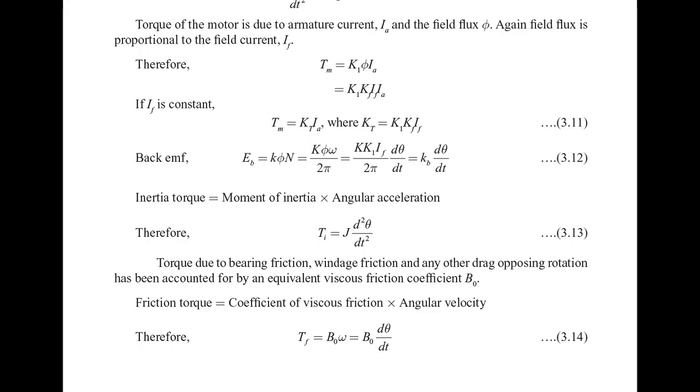As our shaft rotates, there is continuous contact between the air and the shaft, so windage frictional losses will be there. Then some friction will be there in the bearings. So that torque together is known as the frictional torque, and it is equal to B0 into omega.